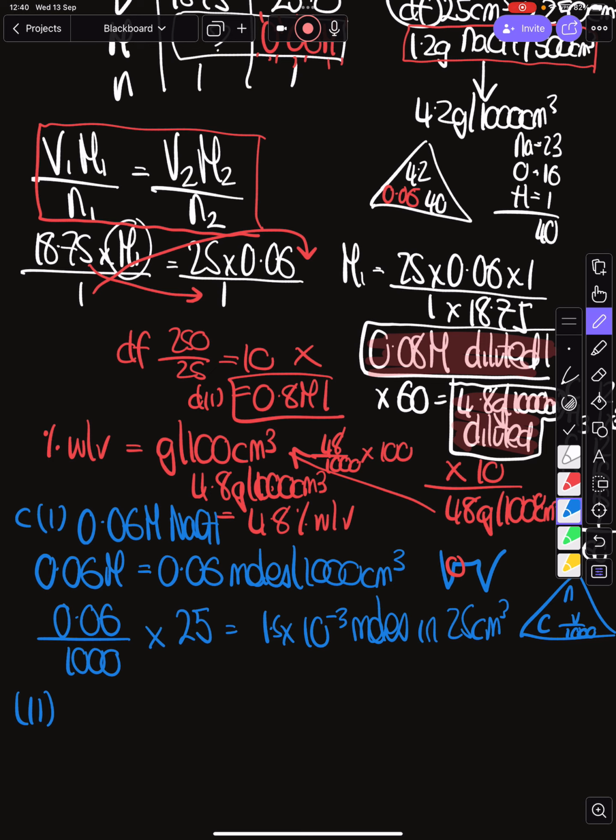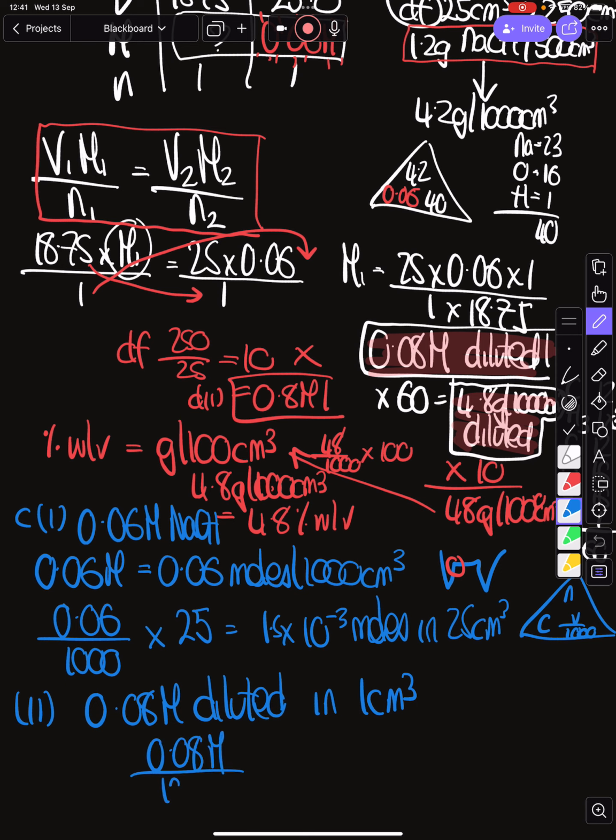So the piece of information I have in my diluted is the 0.08 big M of diluted vinegar that we worked out using my new old titration equation. If I want to find out what's in 1 centimetre cubed, I would be taking the 0.08 big M and dividing it by 1,000, and when I do that, I get 8 by 10 to the minus 5 moles.